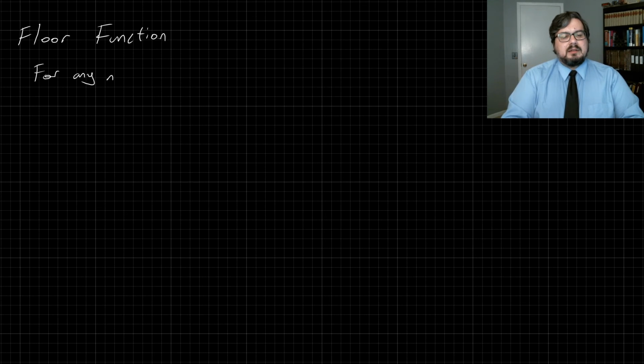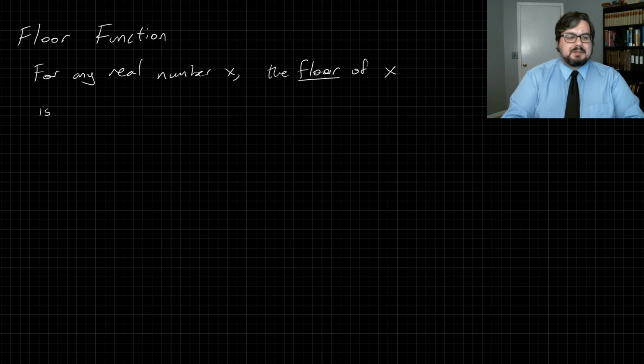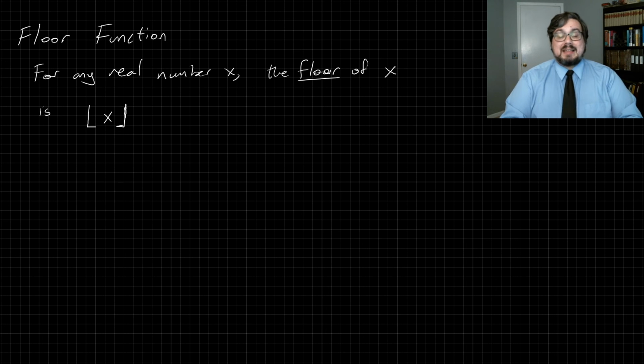It's got a notation that looks a little bit like absolute value, but it behaves differently. For any real number x, the floor of x is, we've got two notations that we'll use. The notation that you'll see most often in mathematics is this, where you've got sort of two square brackets, but without their top bars.